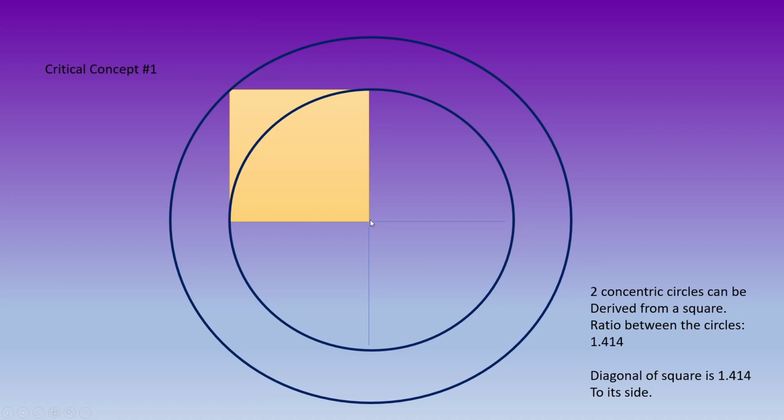The diagonal of the square is here, as you can see. It emanates from a radius vector. A side of the square is here. It emanates from a radius vector, the central point. So it proves out: the ratio is 1.414.